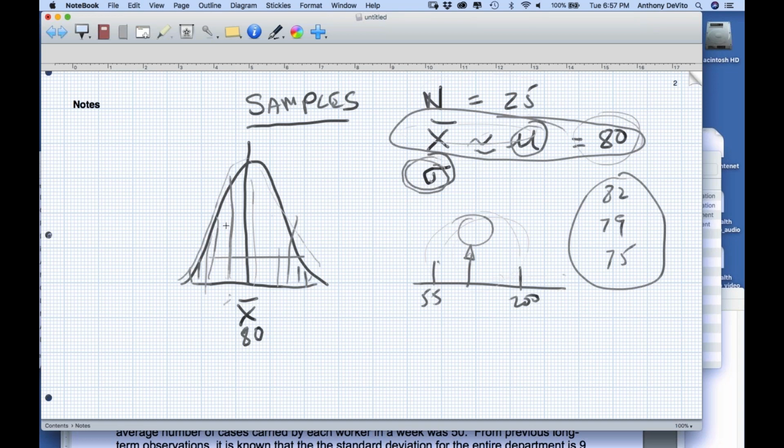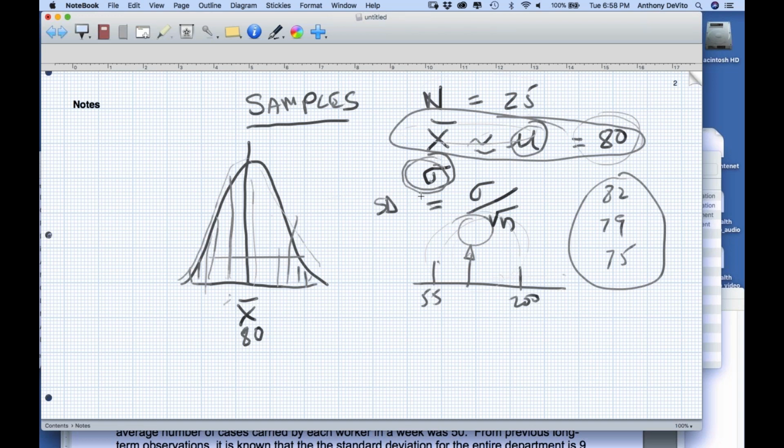Actually, the spread that we're looking for, the sample mean spread, is equal to sigma over the square root of the sample size. But what does that tell us? That tells us that the bigger the sample size is, the smaller the standard deviation for this spread of samples is. So we would expect a narrower range of results for samples that have a large size.